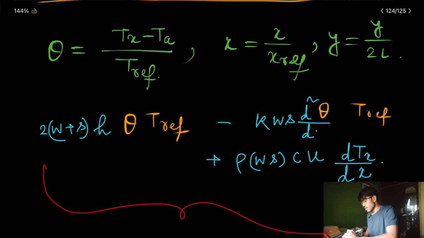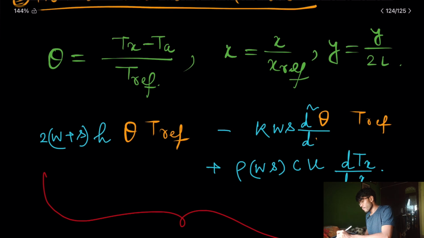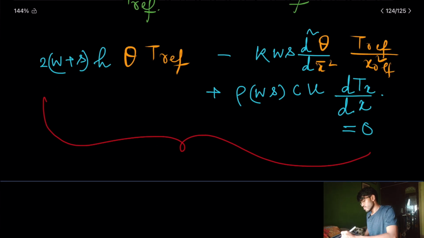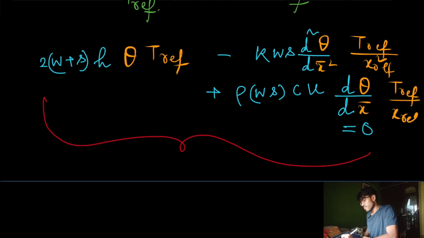Here it should be x bar and y bar, so there should be x bar squared into x ref squared. This should be again theta into T ref, and this should be x bar by x ref.